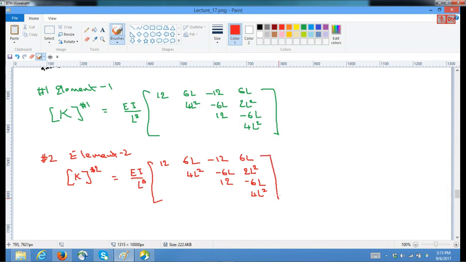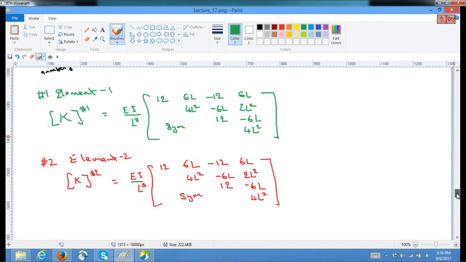This is symmetric, I forgot to show that this is also symmetric. Now I need to assemble my global stiffness matrix.